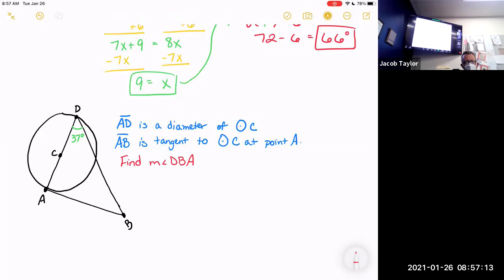It is the right triangle. How do you know? Because the tangent only goes at one point, and for it to be a diameter, that means it has to be a straight line. So for it to hit that spot, it would have to be going at a 90-degree angle.